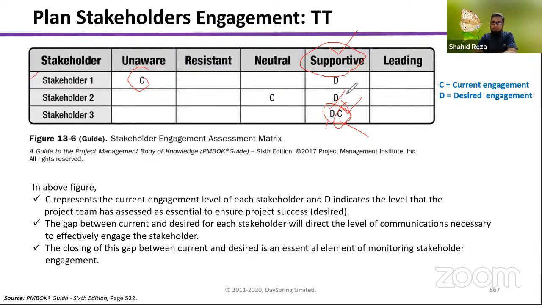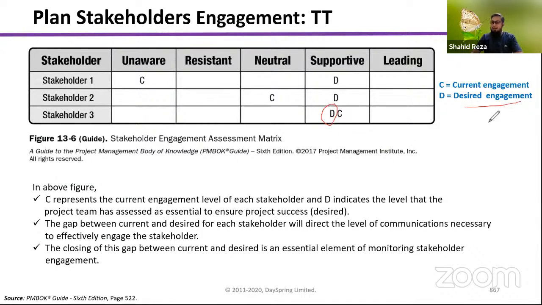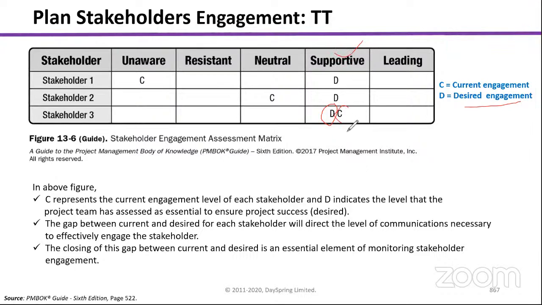Okay. So what is the reason behind putting D and C both in the supportive column? Our expectation was that he should be, D means desired engagement, supportive. And after analyzing, we found that he is already in supportive mode.